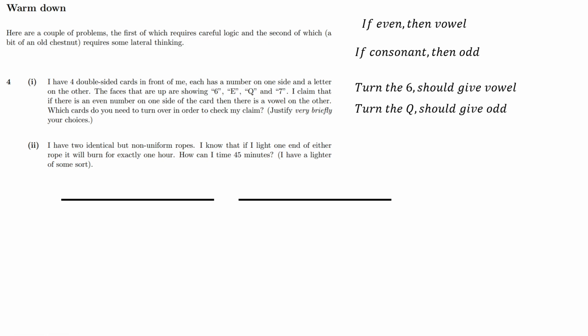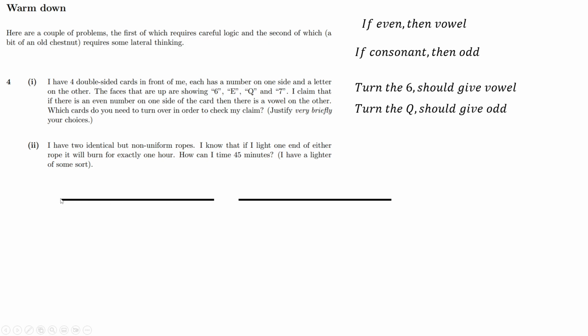It's an inversely proportional relationship. I'll just say that again. If we're doubling the amount of fire, we're halving the amount of time. So if we light both ends of this one, it should take 30 minutes for the full thing to burn.